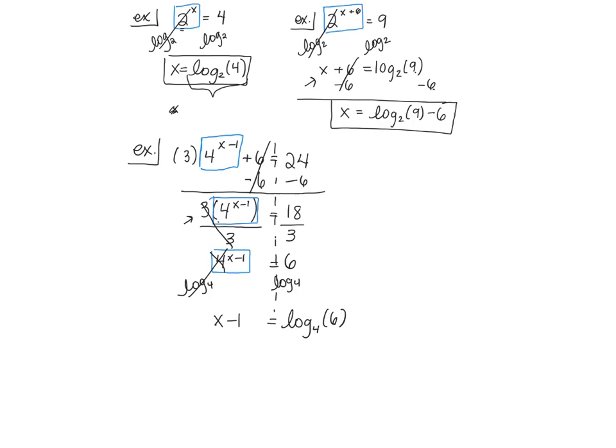To finish, because I still want to get my x alone, so I need to get rid of this minus 1. I'm going to undo it using plus 1. So we'll finish with x equals log base 4 of 6 plus 1. When I type this in my calculator, I will get my final answer.